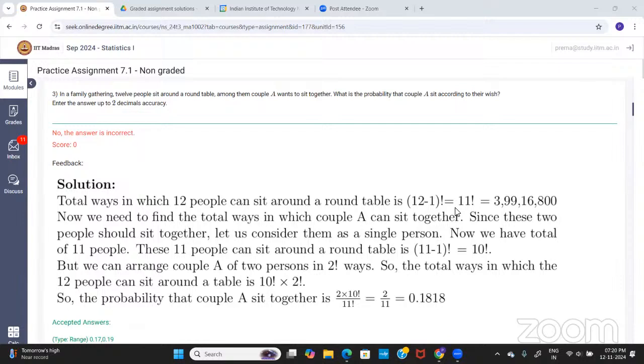Is it clear now? And here in this case, if out of the 12 people, let's say all of them are couples, 6 couples, and all of them want to sit together, what will be the case? What will be the combination here?